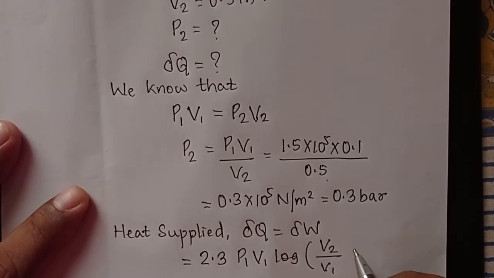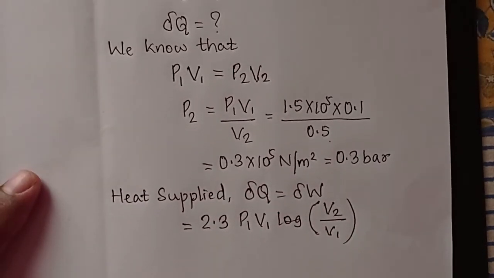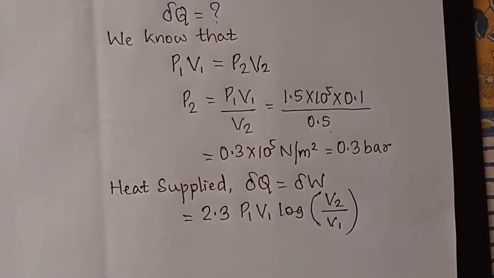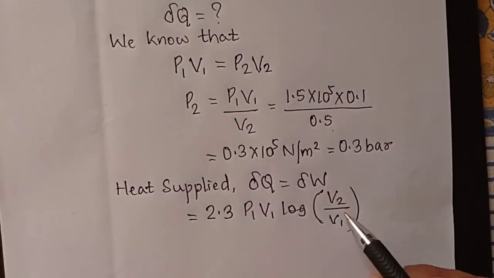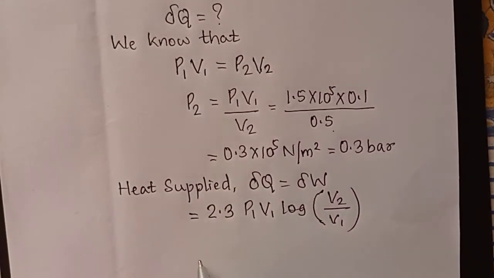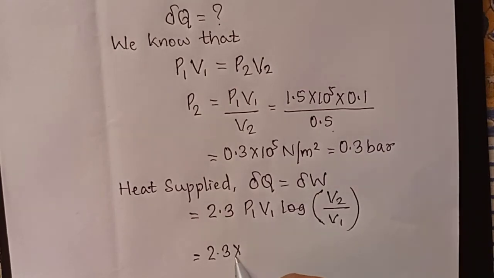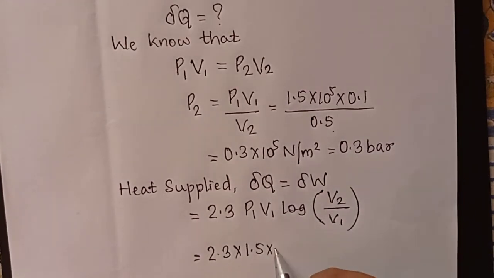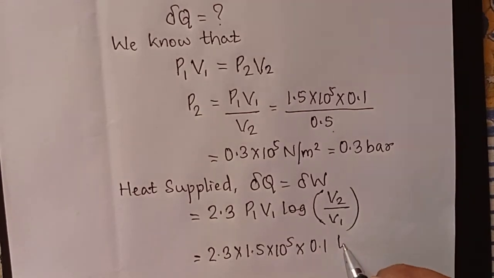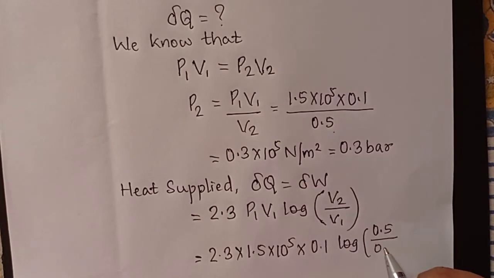I am using the equation 2.3 P1 V1 log of V2 by V1, because V1 and V2 are given in the problem. So substitute the value. 2.3, P1 is 1.5 into 10 to the power 5, and then V1 is 0.1, log of 0.5 by 0.1.